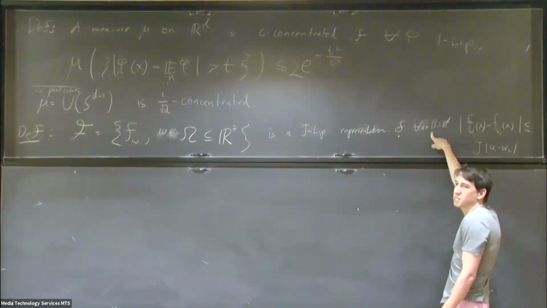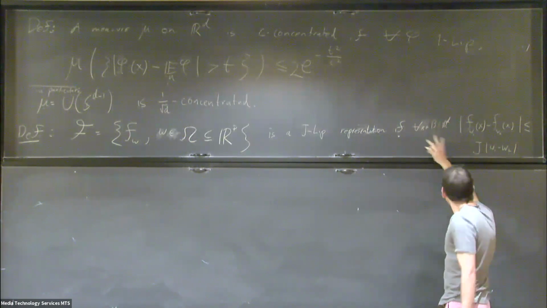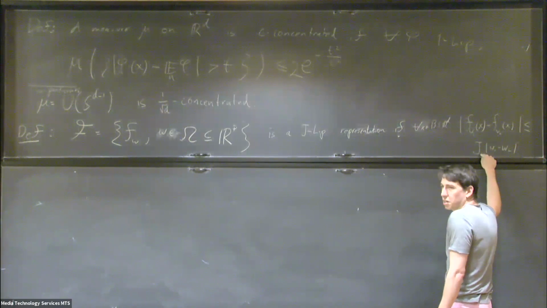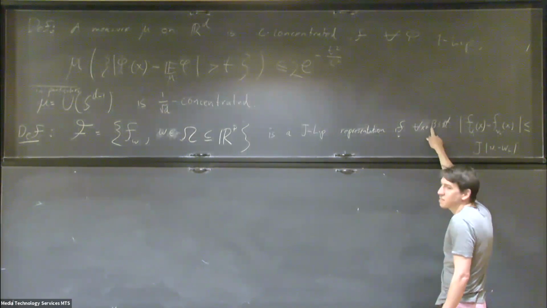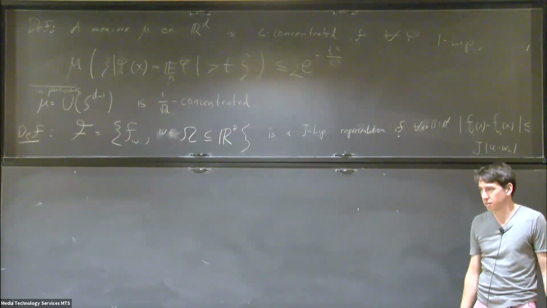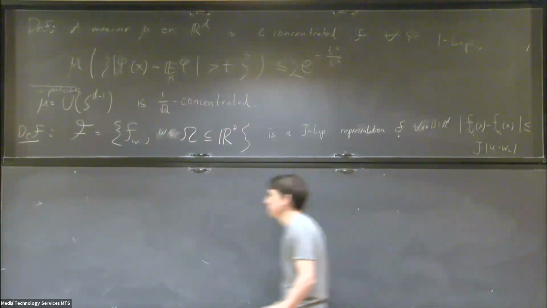But we'll only have things involving log J, so the size of B can be polynomial, and we're not going to care about it. It's only going to add logarithmic terms.